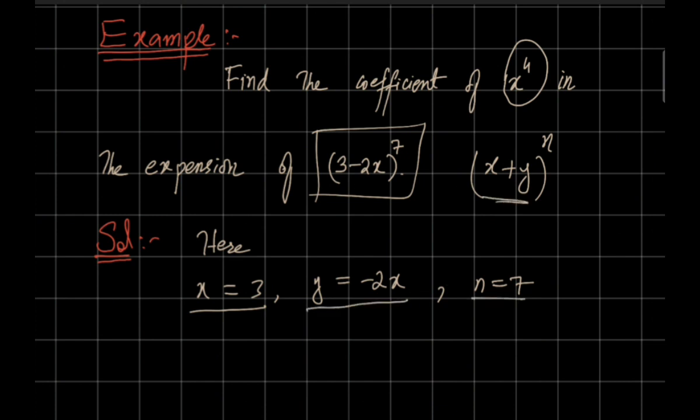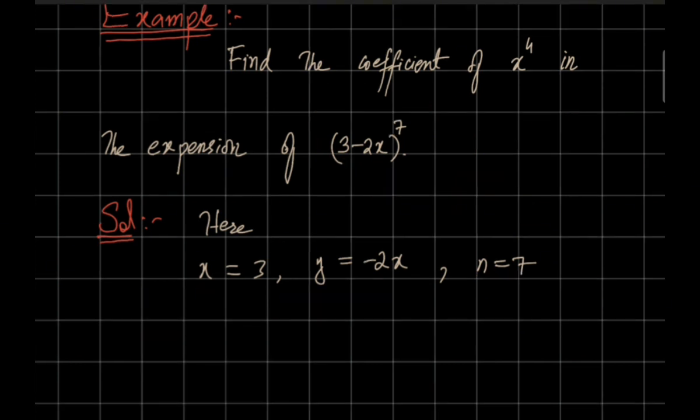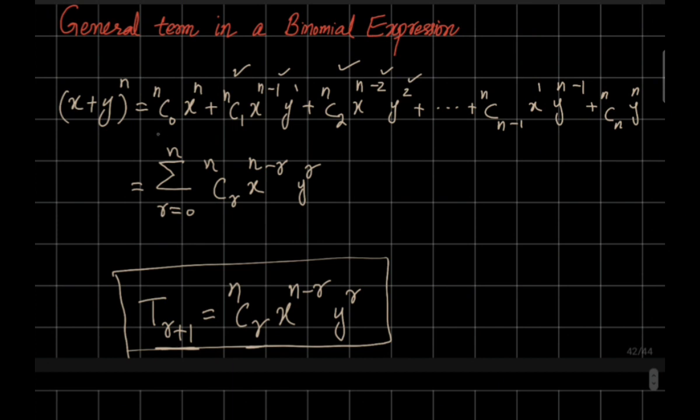Here you can compare this thing with this thing. You can see 3 corresponds to x, -2x corresponds to y, and 7 corresponds to n. Therefore, I have taken n = 7, y = -2x, and x = 3. But the problem is that we are not asked to find this expansion in this way.